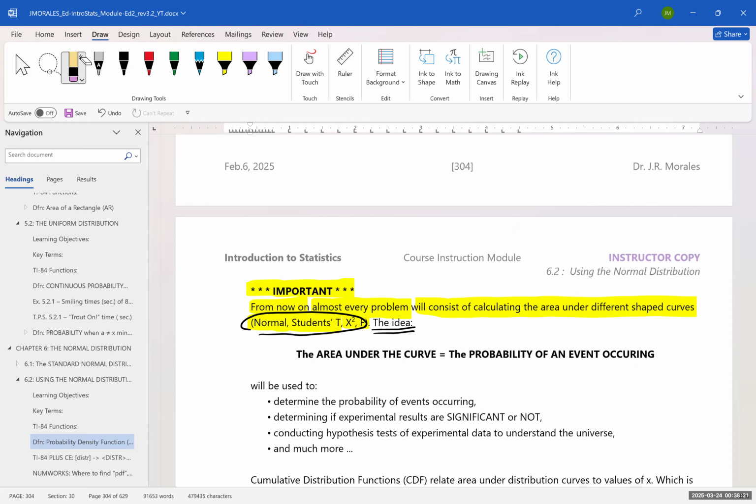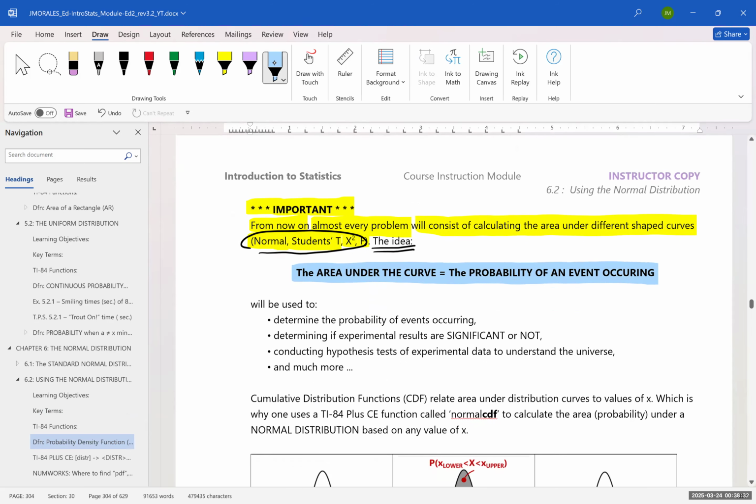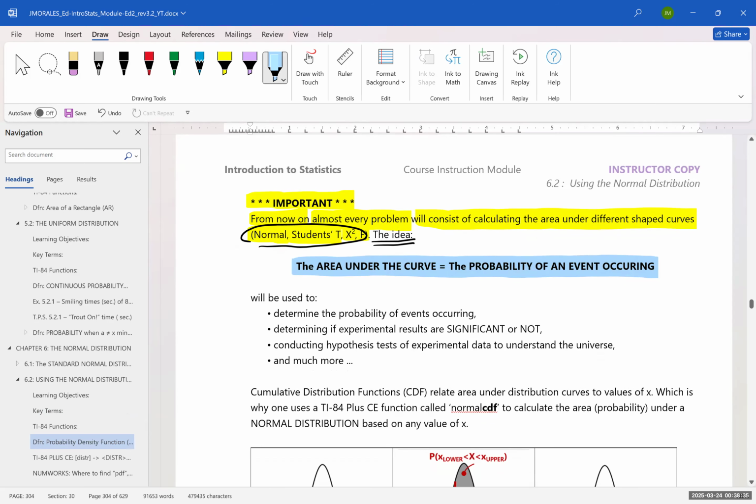So you really want this idea to really pound home. Okay, remember that. Area under the curve equals the probability of an event occurring. So we're going to use this to determine the probability of events occurring. We're going to use it to determine if experimental results are significant or not. We're going to use it to conduct hypothesis tests of experimental data to understand the universe.